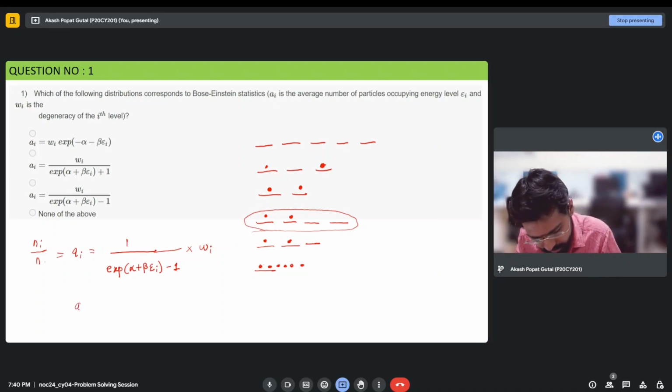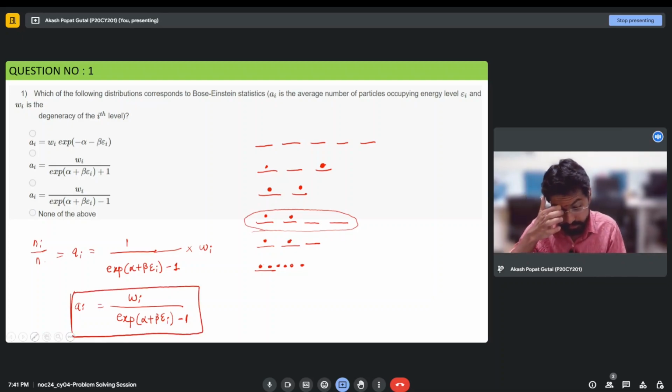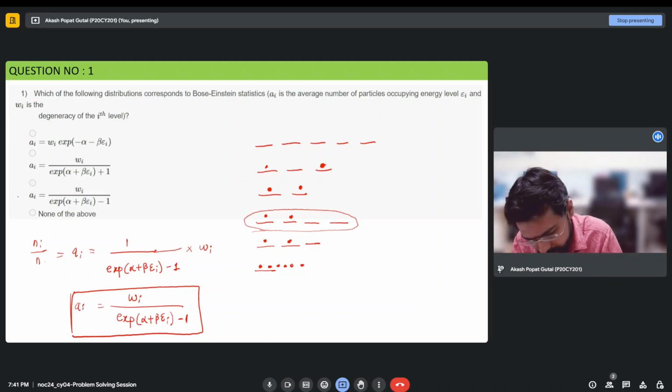So our equation will reduce to omega i, or wi, divided by exponential alpha plus beta epsilon i minus 1. So this must be the equation, which is the answer as option number 3.